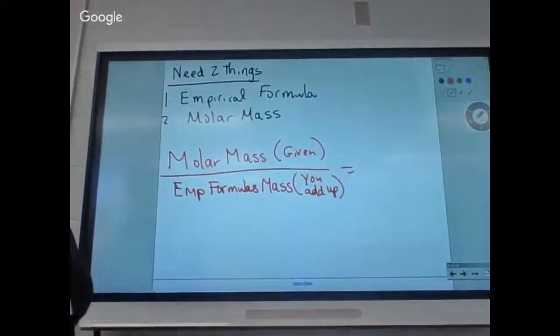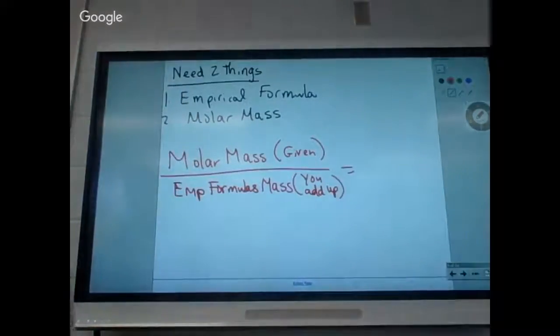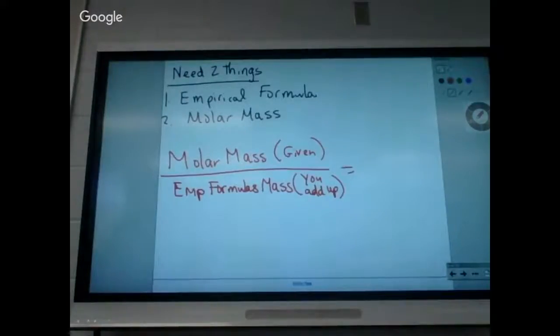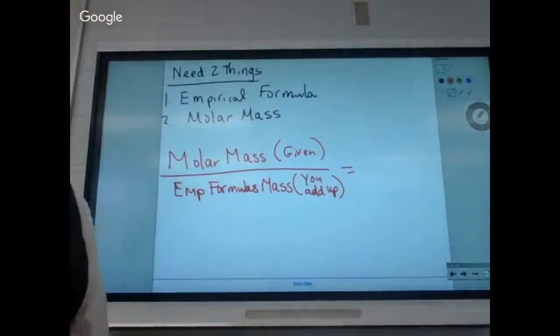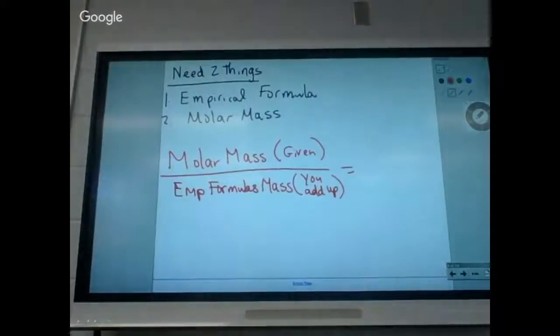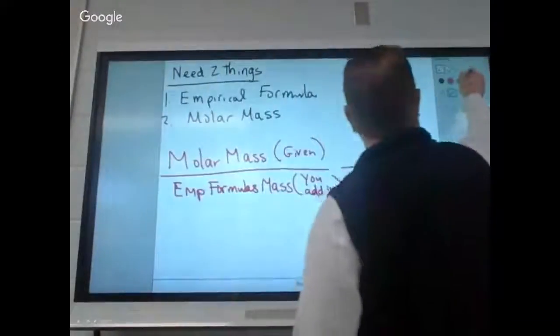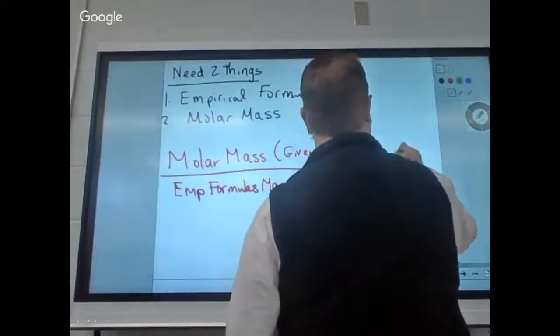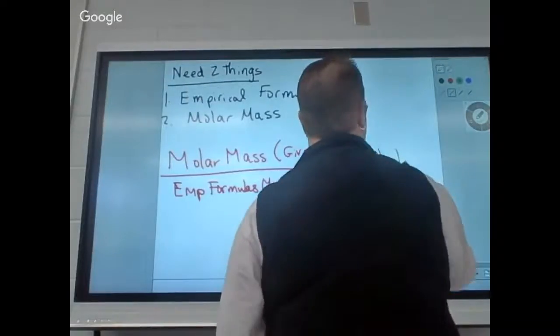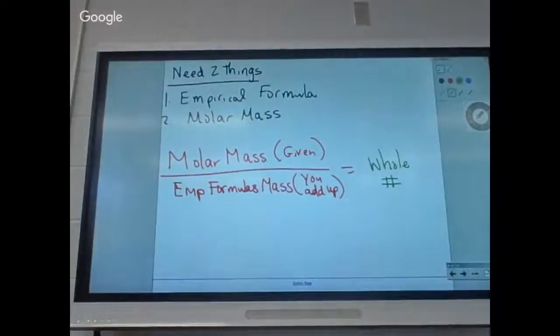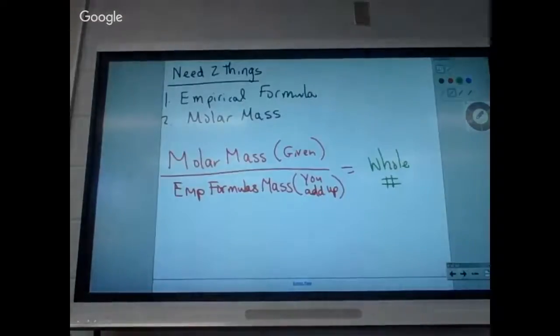Yes, the molar mass has to be given. You cannot work the question if it's not given. Now, when we divide these two masses, you will get a whole number. If you do not get a whole number at this point, you have an error. It is that simple.